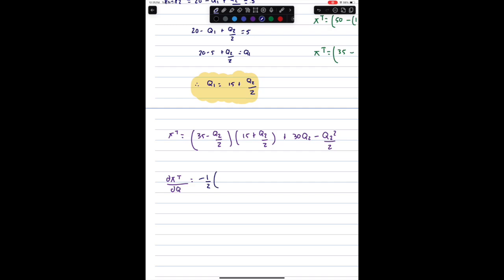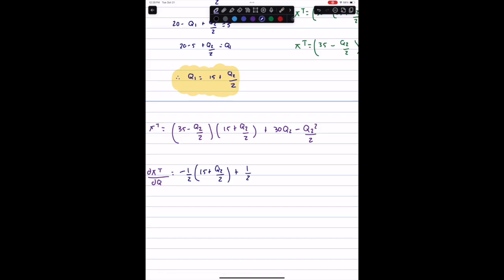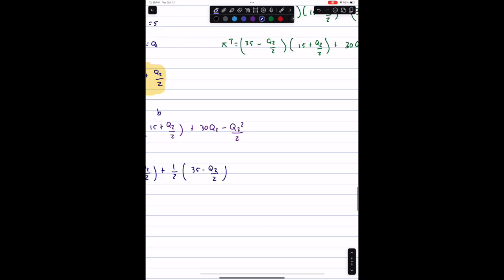So we're going to get negative 1 over 2 times 15 plus Q2 over 2, plus the derivative of this function, 15 plus Q2 over 2, which is just equal to 1 over 2, times our first function, 35 minus Q2 over 2. If you want to think about it, this is a and this is b. We took the derivative of a and multiplied it by b, and we added the derivative of b multiplied by a.